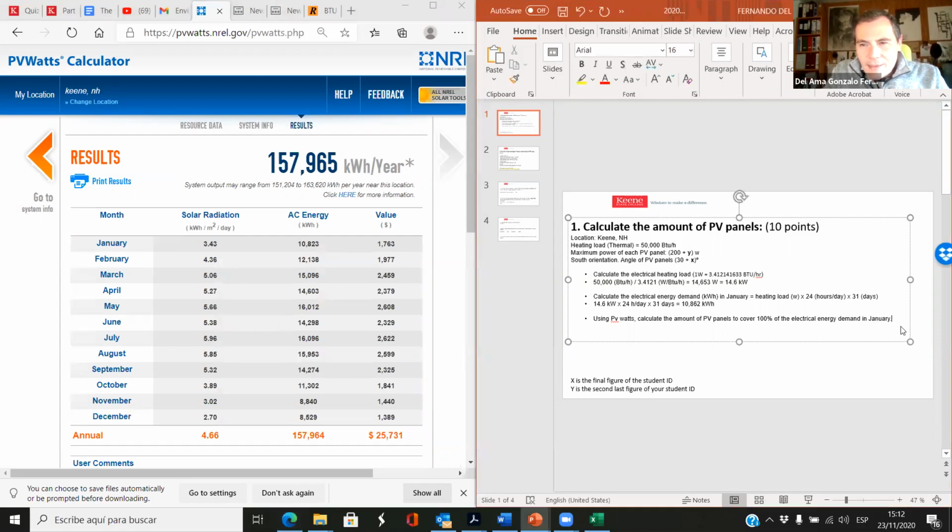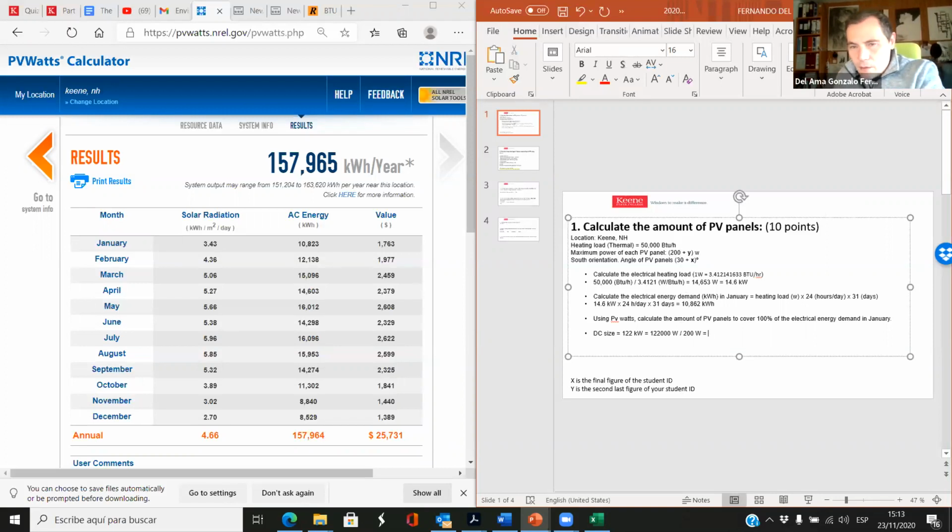That means that the DC size is 122 kilowatts, which is 122,000 watts. Okay, so this is the DC size. If one panel is 200 watts, we divide this by 200 watts.